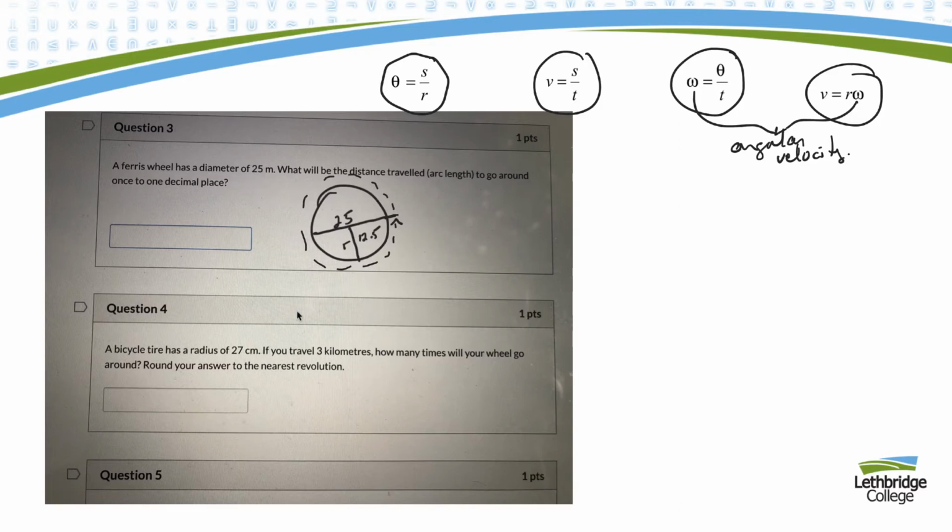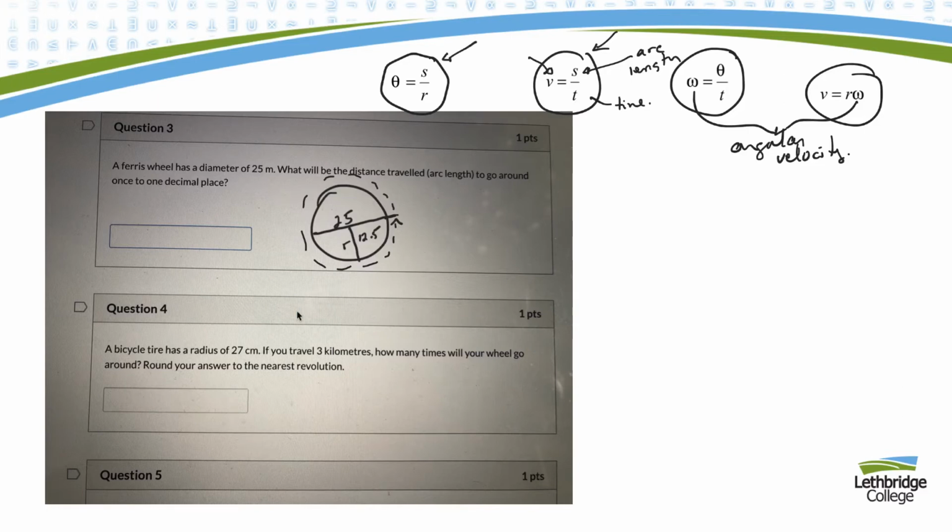So revolutions per second, revolutions per minute, RPM, those are angular velocity. Here we're not looking at velocity at all. Here's another formula, and this says the velocity of something is equal to this, and that's an arc length, that's what S stands for, divided by time. And again, on this question, we're not worried about time. We're just wanting to know how far you go.